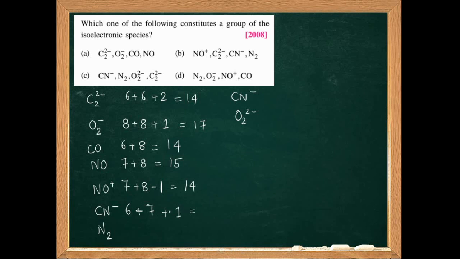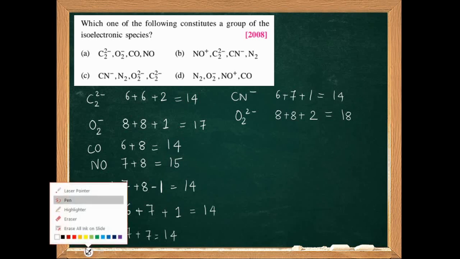So this becomes 6 plus 8, which is also 14. Then N2 is what? 7 plus 7, which also gives us 14. CN minus is 6 plus 7 plus 1, so this gives us 14. And then O2 2 minus is 8 plus 8 plus 2, so this gives us 18.